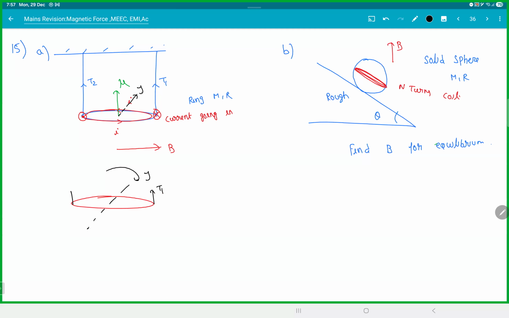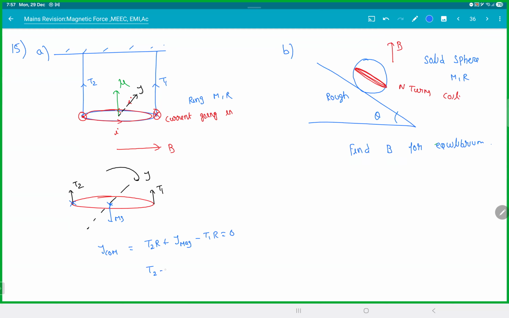This is T1, this is T2. So if you take torque about this point, you can actually take about any point. Mg is also there. Let's take torque about the center. If we take torque about the center of mass, we will get T2 into R plus the magnetic torque minus T1 into R is equal to 0.